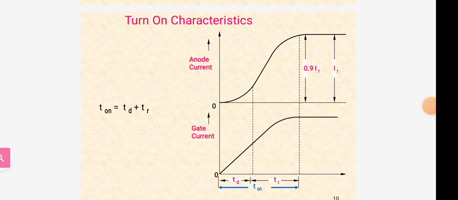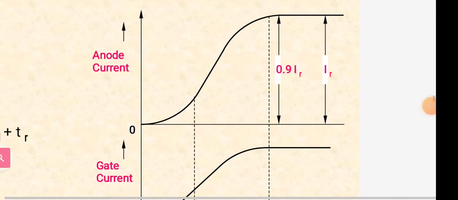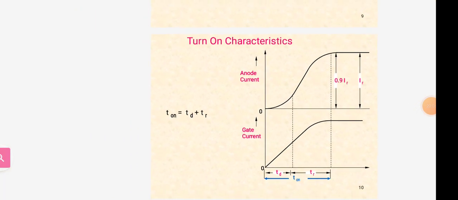So this is the diagram for turn on time of SCR. In this it has the anode current and gate current, and this is the 0.9 Tr.